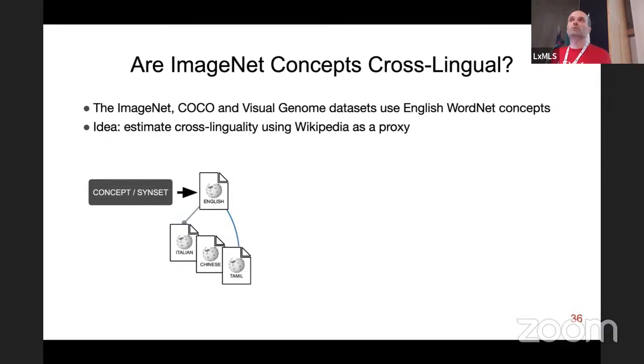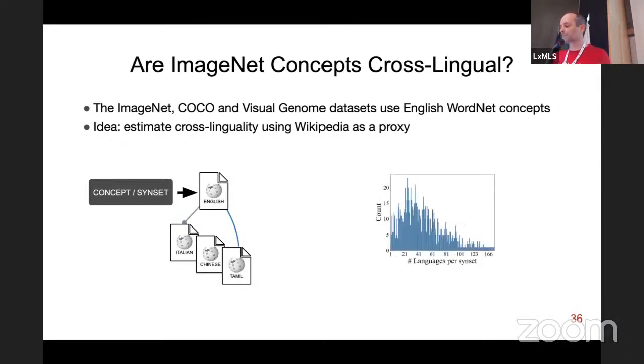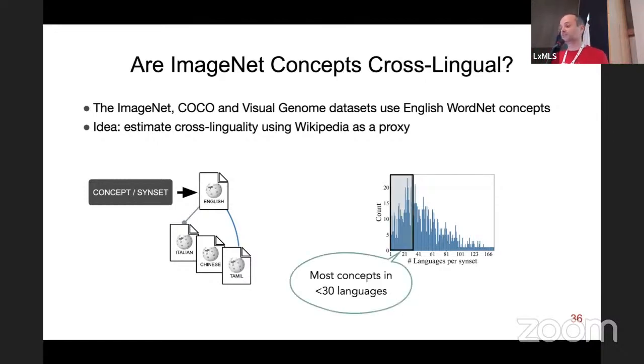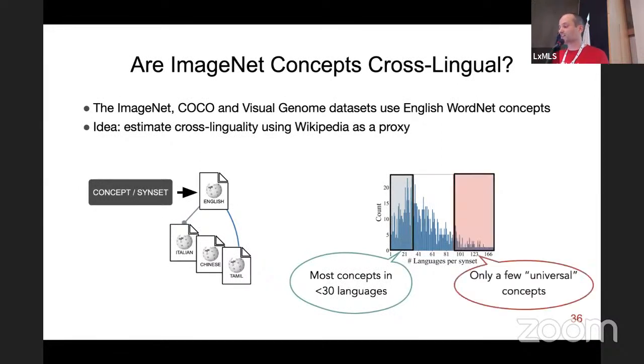Someone thought it was worthwhile describing this in an article in a crowdsourced endeavor. And what we find here, where the y-axis shows counts and the x-axis shows the number of languages per synset, most concepts appear in 30 or fewer languages. And there are very few universal concepts as represented through Wikipedia.